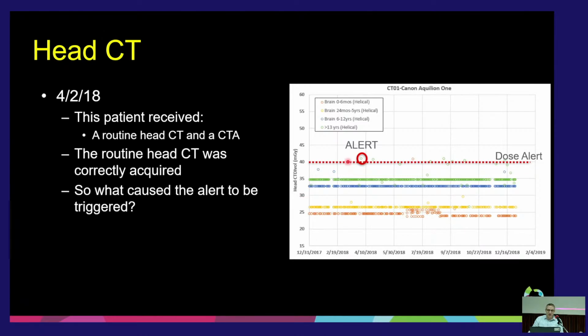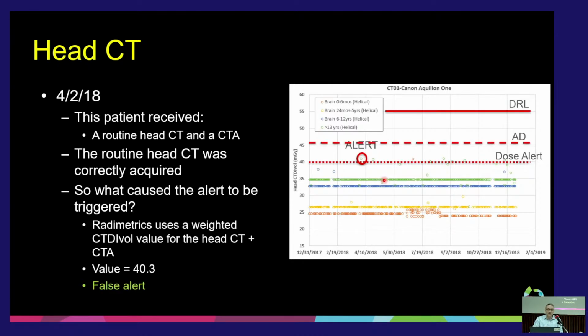That's why it went from a nominal 35 all the way up to 42, 43 milligray. It was just one of those things Radiometrics did to us at that time, where it simply added or did that kind of average weighting, and it made the dose a lot higher. So it was a false alert, and for us, we just chalked it up, saying, okay, the technologist didn't do anything wrong.